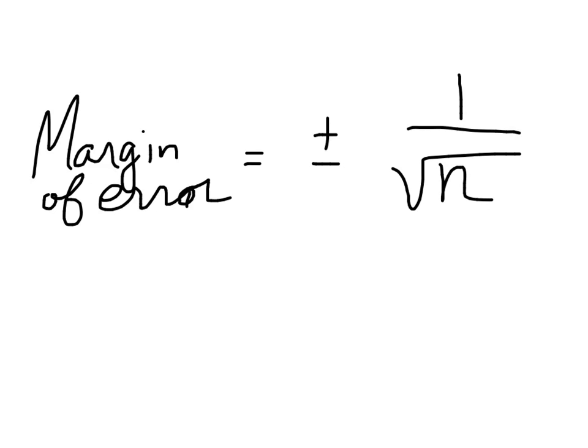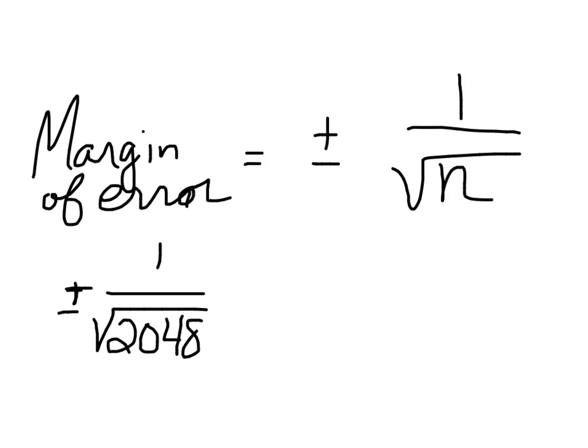So for that particular thing, because they surveyed 2,048 people, this is where your calculator comes in, and you take 1 divided by the square root of 2,048.